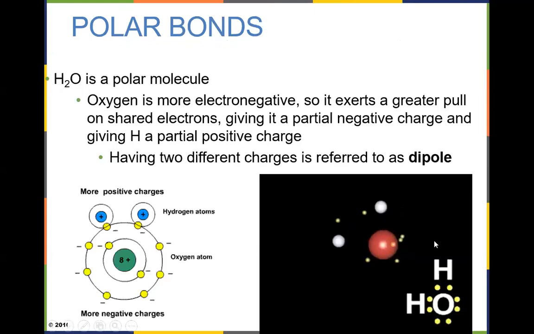What do I mean by that? Consider oxygen. Oxygen has 8 protons in its nucleus, and hydrogens only have 1 proton. Now, a water molecule has a hydrogen and a hydrogen around the oxygen.